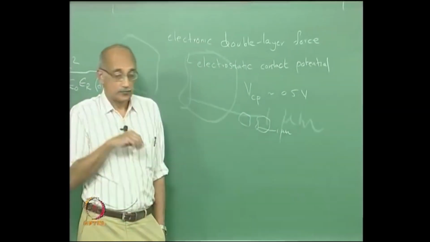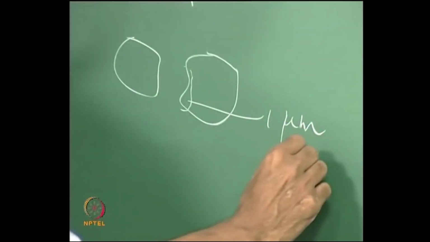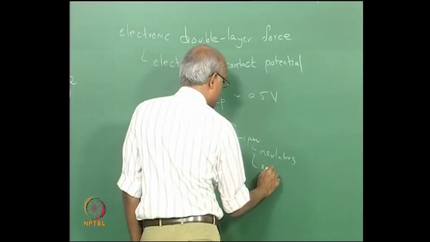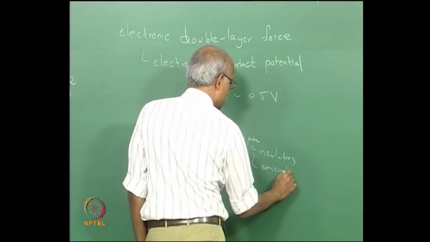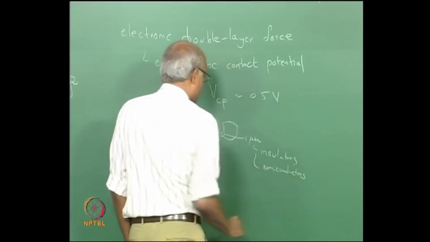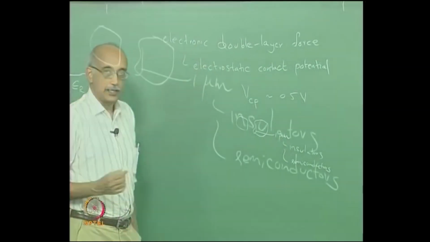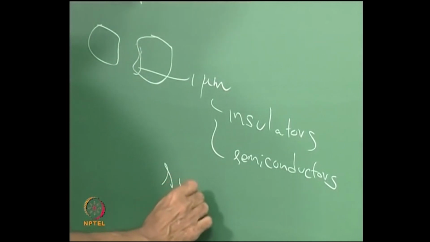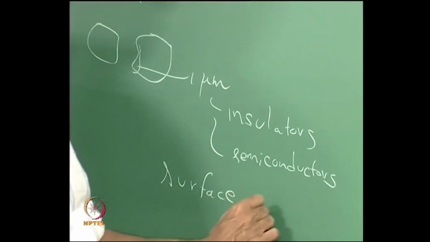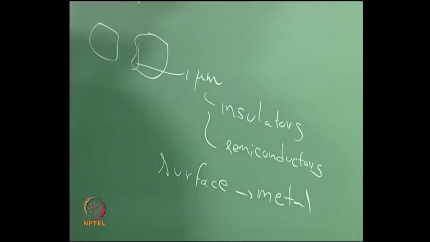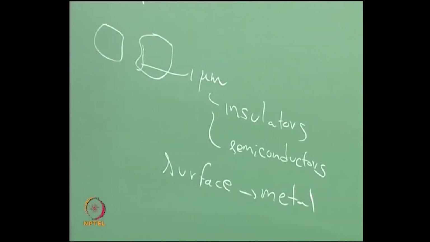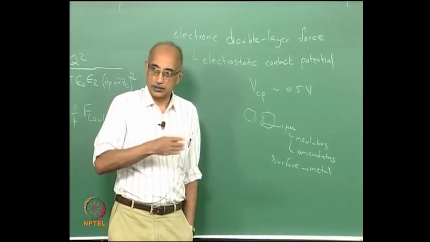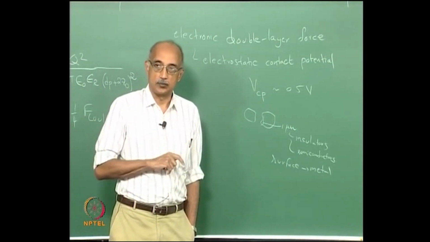This is for insulators and semiconductors. However, for a conductor like a metal, the force stays only on the surface. In other words, the potential or the electronic double layer is restricted to the surface of the particle. It does not extend into the interior or bulk of the particle.